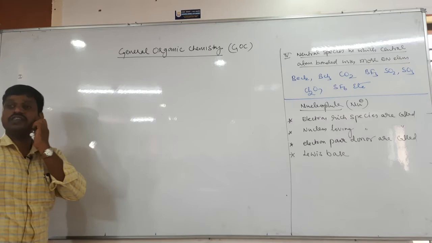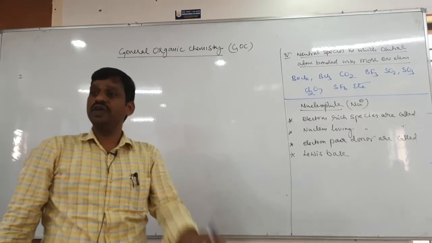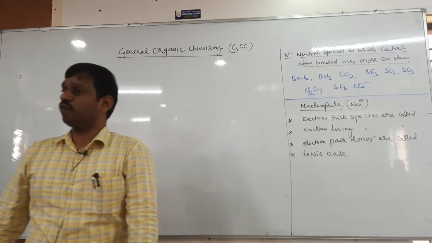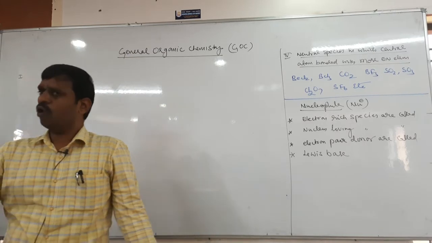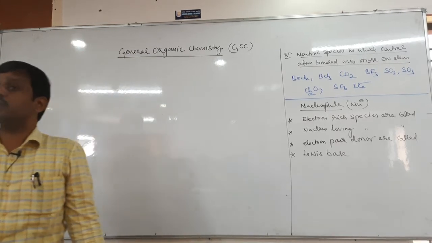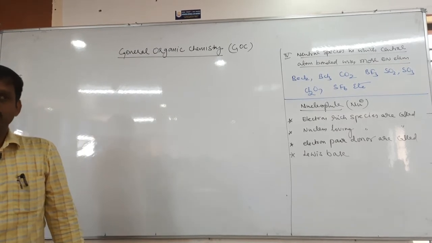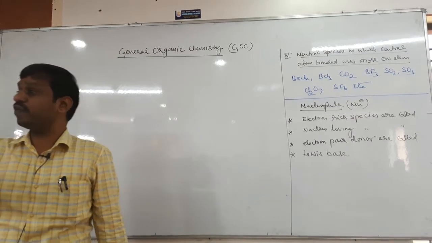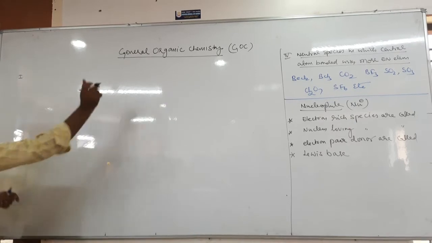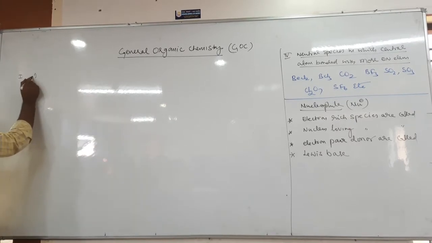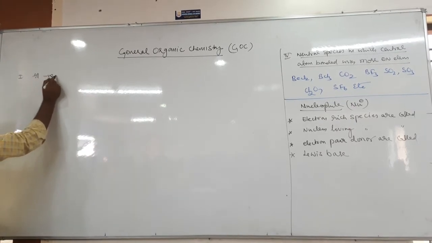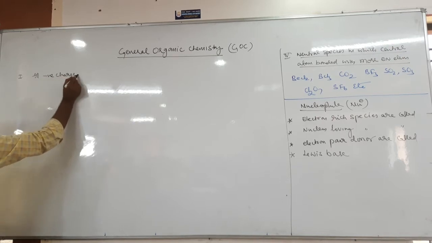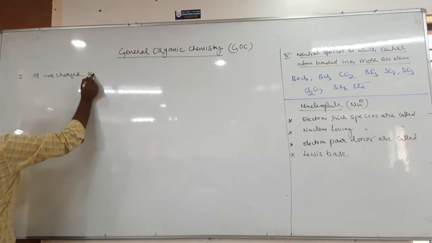In electrophile, what is the first condition? All positively charged species are electrophiles. Here, obviously, all negatively charged species. Here, no exception. If there is a negative charge, it is a nucleophile. But there is an exception in electrophile. So therefore, the first condition: all negatively charged species.